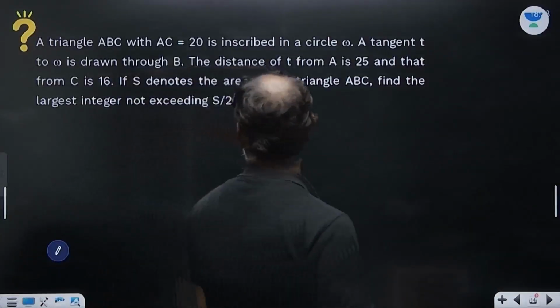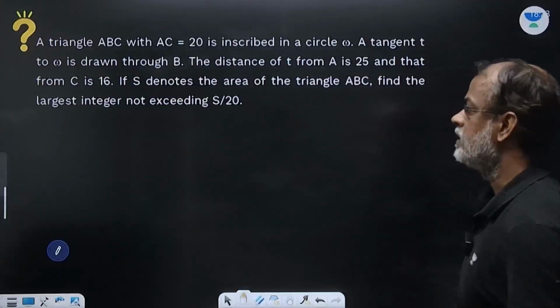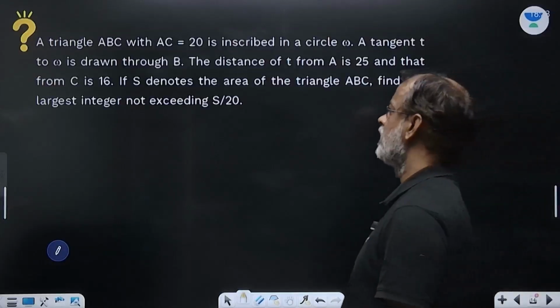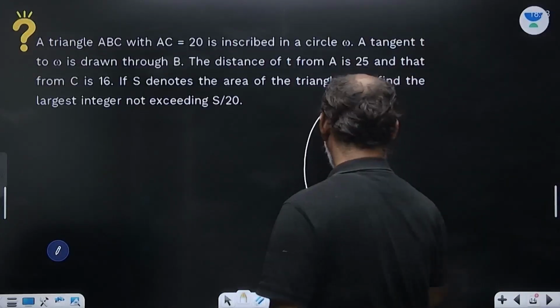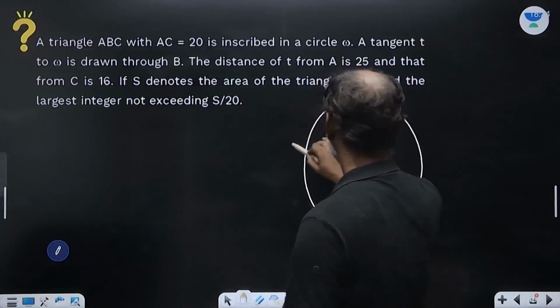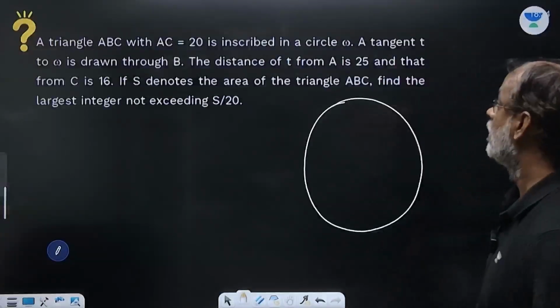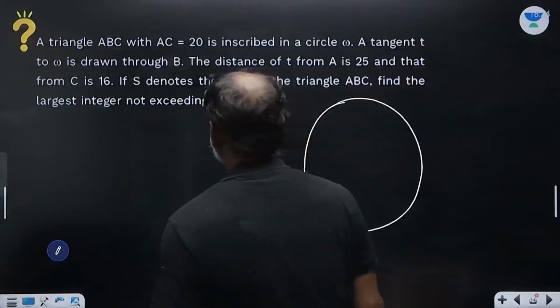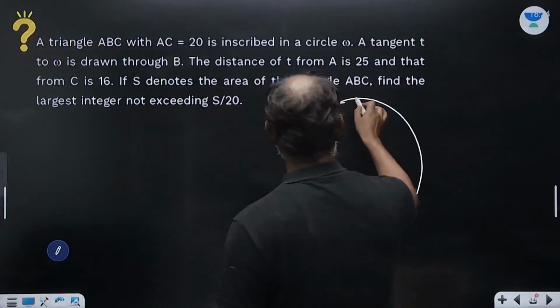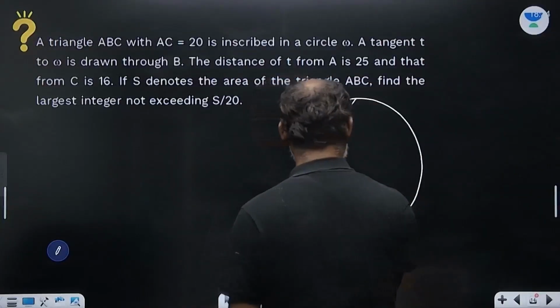So you are given a triangle ABC with side AC given as 20, inscribed in its circumcircle omega. A tangent is drawn to omega through B. Okay, at vertex B you are drawing a tangent. Fine.